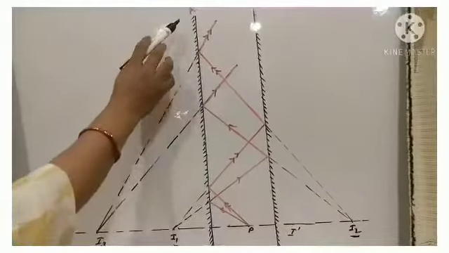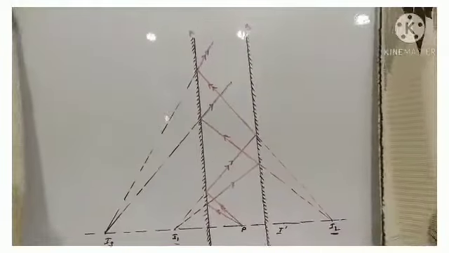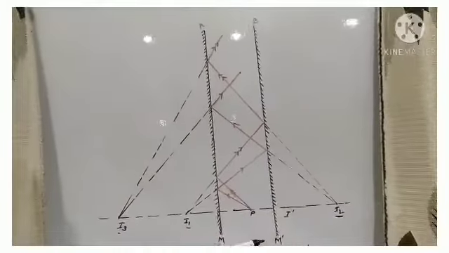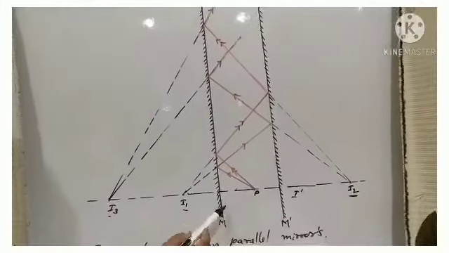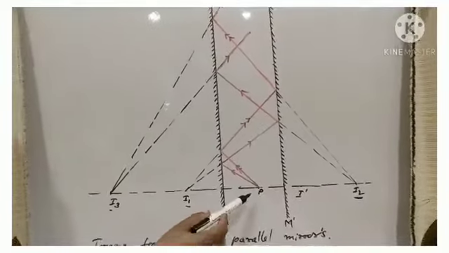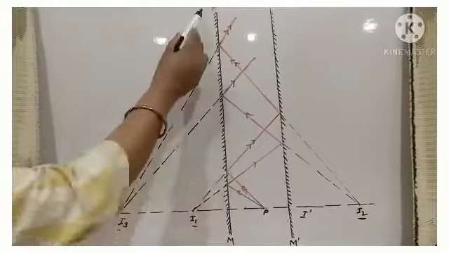We have these two mirrors AM and BM dash parallel to each other, and we have an object P kept in between these two plane parallel mirrors. From P we have taken two incident rays on the mirror AM.